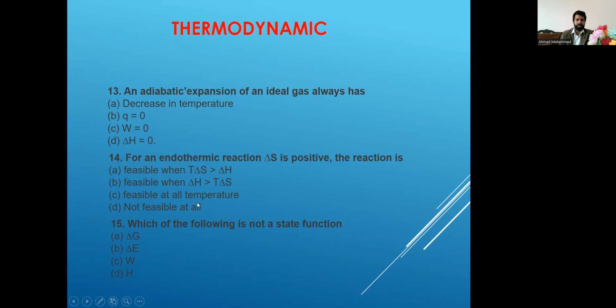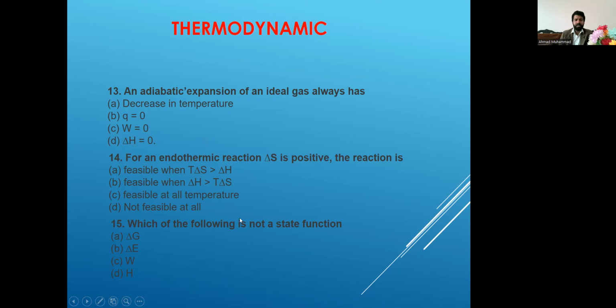So the process is feasible only when TDS is greater than del H. It is not feasible when del H is greater than TDS, not feasible at all temperatures, and not feasible at all. So the right option is option A.